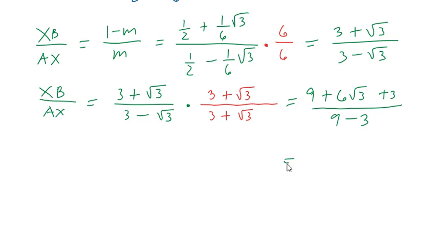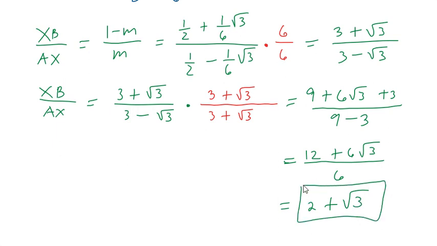So we have 12 plus 6 square root of 3 divided by 6. Okay, so dividing the top expression by 6, we finally get 2 plus the square root of 3. And so this is the maximum value of XB over AX.